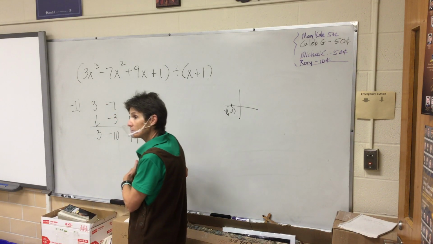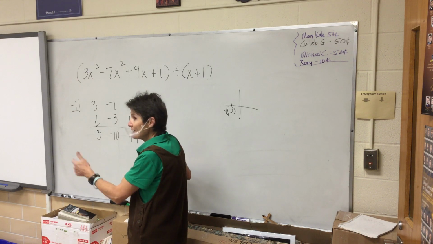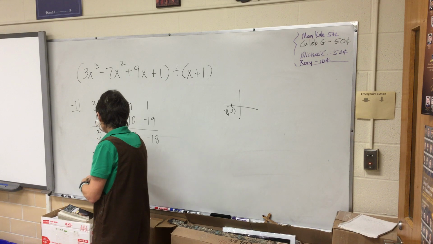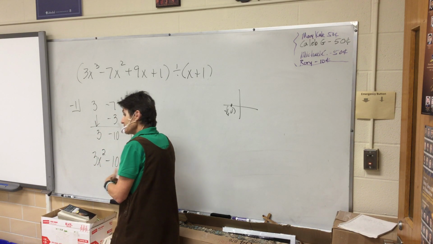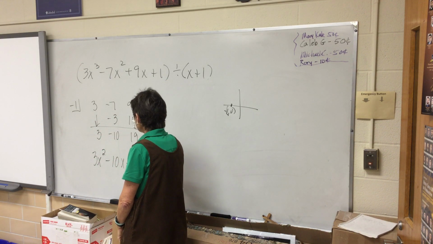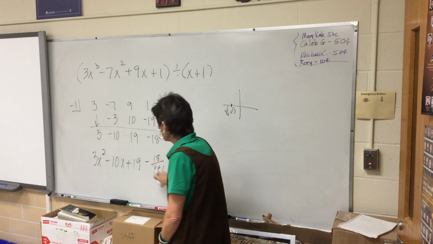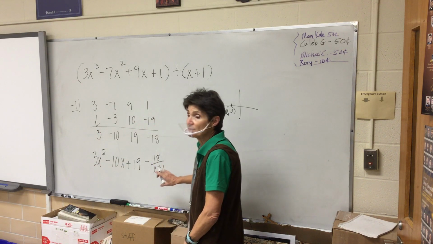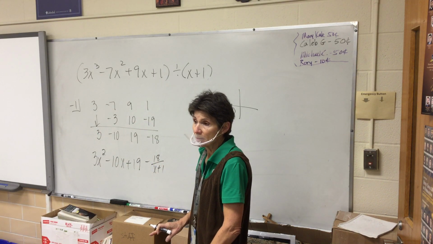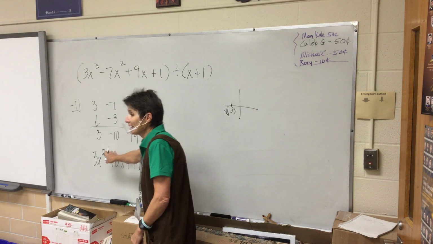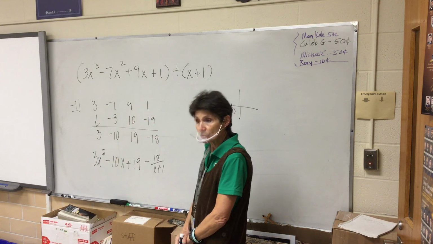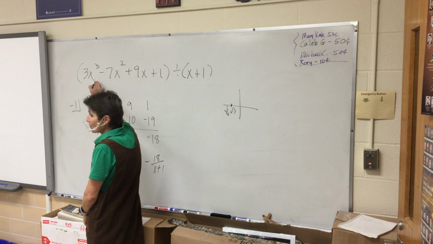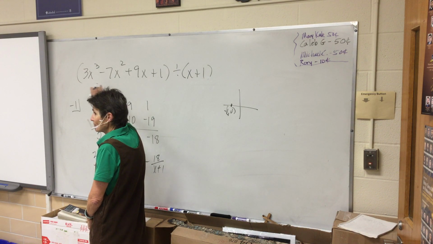Well, that would be the remainder, but what about the rest of the answer? 3x squared minus 10x plus 19, and then my remainder stuck on the end. That's exactly right. And all this, though, is part of the answer of the division problem. Why is it x to the second? Because it goes down a power. When you do the division, your answer is down a power from whatever you started with.